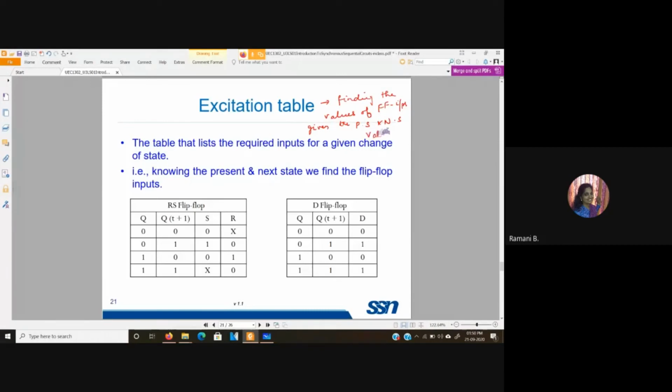Next state is denoted as NS. This is Q of T and this is Q of T plus 1. So in the excitation table, we are finding the flip-flop inputs when you know the present state and next state value.